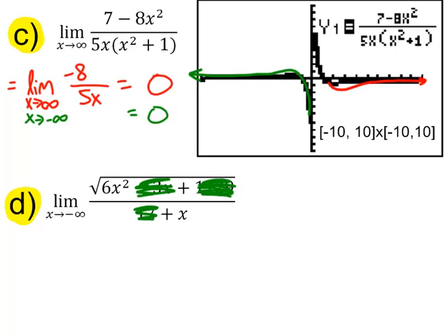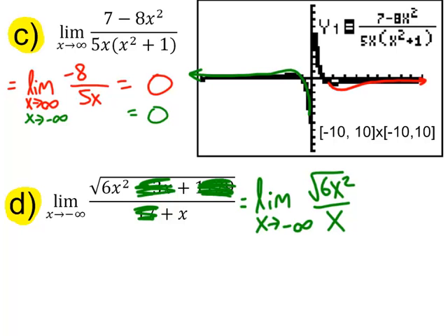And what I'm ending up with is square root of 6x squared all over x, with the limit, of course. And our next instinctive move is to say, wait a minute, that x squared under the radical, can't I bring that out of the radical? Well, yes, but we're going to have to be careful. We can bring it out and make that x in front of a root 6 over x, but we have to be careful because x is approaching negative infinity.